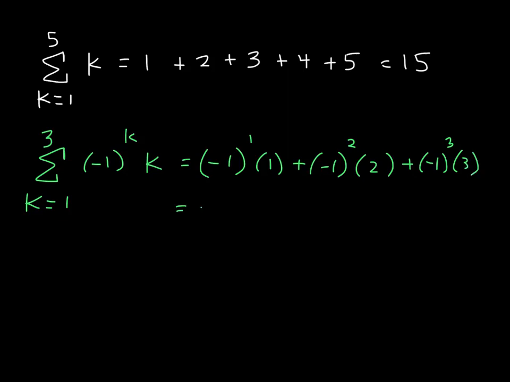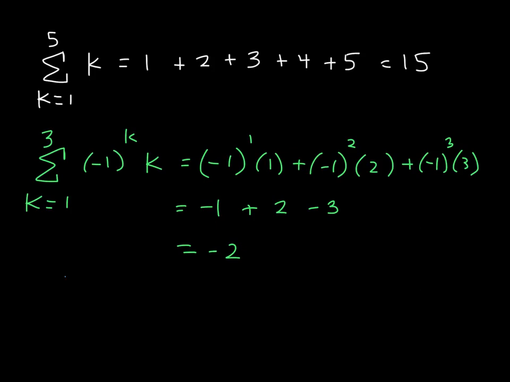So then this would be -1 plus 2 minus 3, which is -2. So -2 is the value of the sum. This is the series, and this is sigma notation. Let's look at another one.